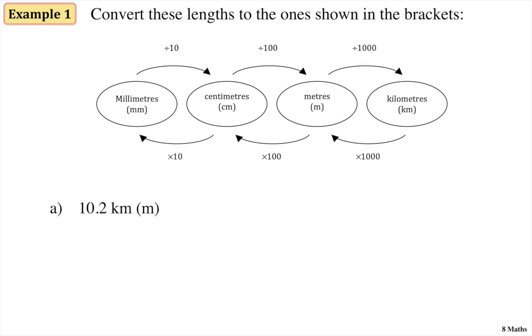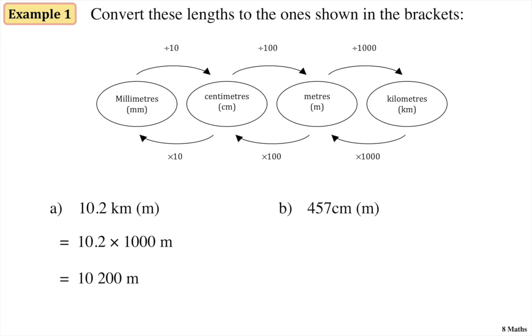So 10.2 kilometers into meters is 10.2 times 1,000. Now, how did I know to times it by 1,000? Well, if I'm going from kilometers to meters, there it is there, times by 1,000. So 10.2 times 1,000 is 10,200. When I put that into my calculator, or you could look at that and move the decimal point 3 places to the right, because there are 3 zeros there.